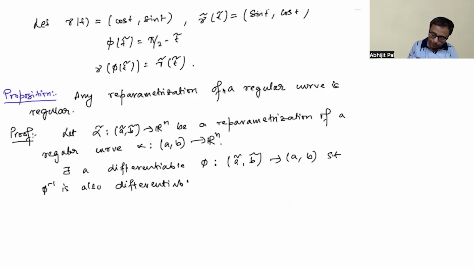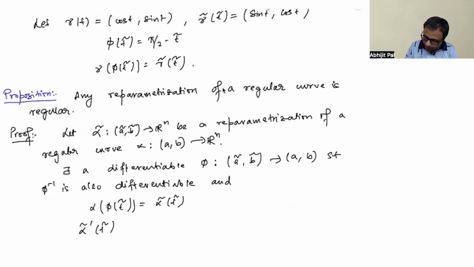Now if I take the derivative of this alpha tilde, this will be equal to alpha prime of phi of t tilde, then you have this scalar multiplication, phi prime of t tilde.